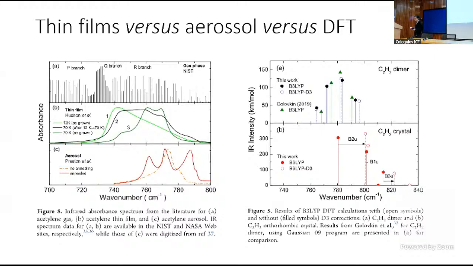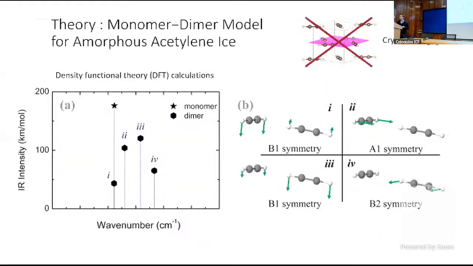So what we try to do is the following: to model this amorphous phase, or both amorphous phases, because we think there are two amorphous phases, using the calculations here for the monomer, and for the dimer in different configurations.